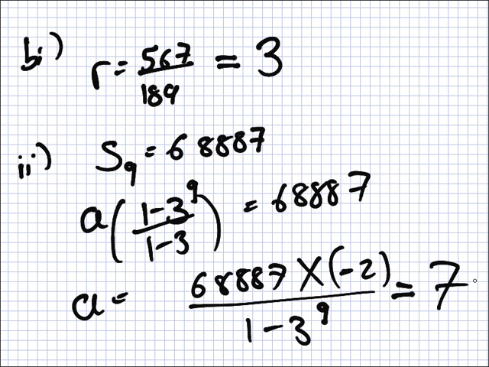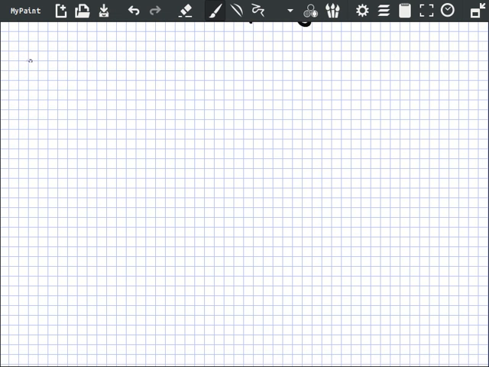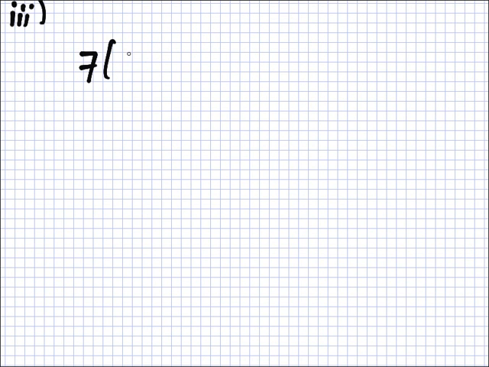I would have preferred if they said in the sequence, but oh well. Okay, so when do we get at least 50 million? So we have A, what did I say A was? 7. A r to the power n minus 1, that's the formula. When will that be more than 50 million?